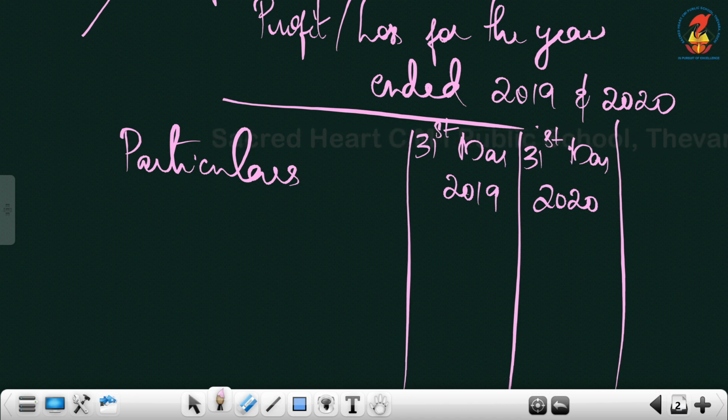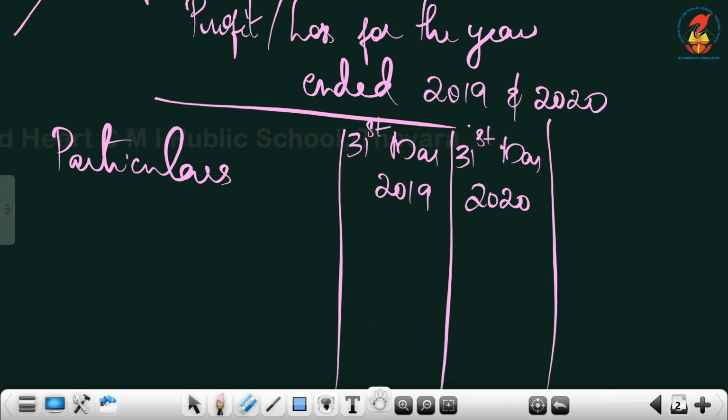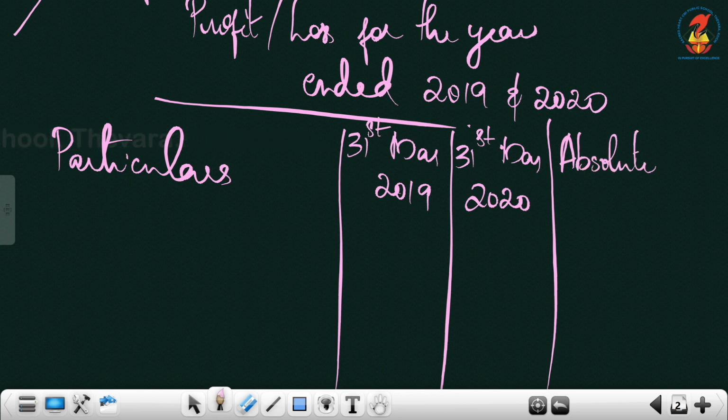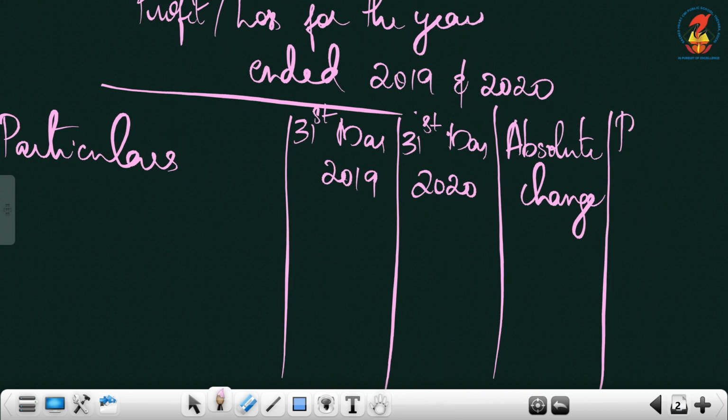Then, okay, that's what is given in the question. With that, what you have to add is absolute change. 2 columns will add: absolute change and percentage change.